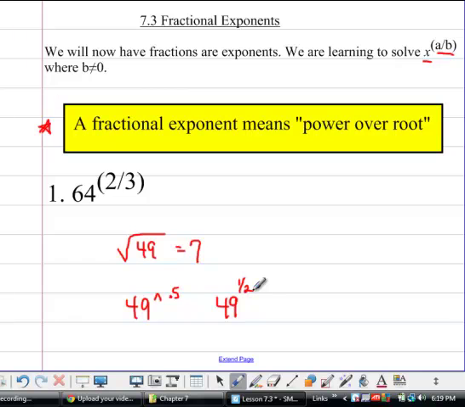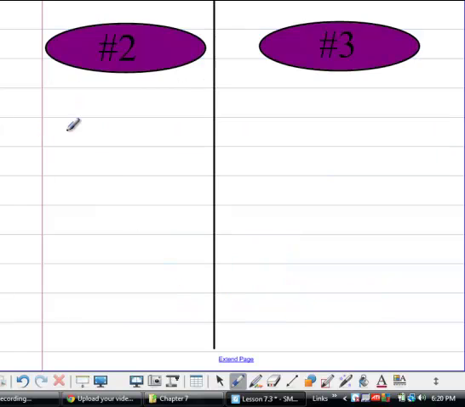And now you can see why raising something to the 1/2 power really means square root, because the power is 1 and the root is 2. So the square root of 49, and then I raise that to the first power, and raising anything to the first power doesn't change it. So let's just do some practice problems.